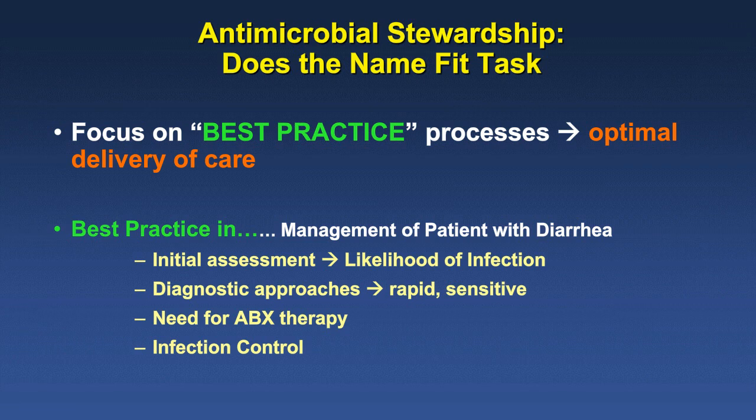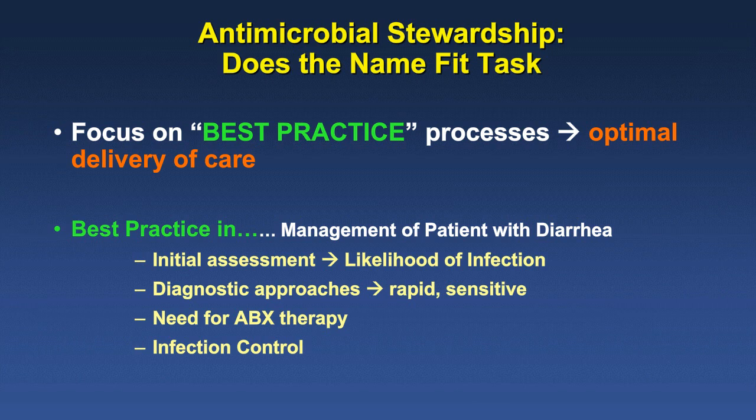We have been talking more and more frequently about disease state management, or maybe appropriately, best practice. When we sit in on other departmental processes, nobody talks about stewardship in cardiology or gastroenterology. They talk about best practice for managing patients. And I think this is a strong philosophy.